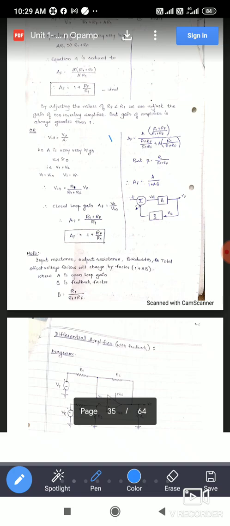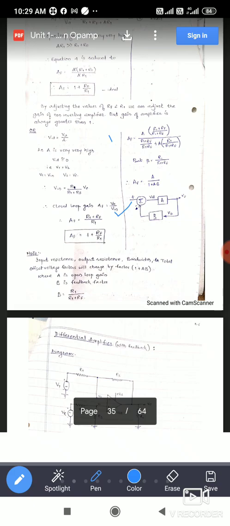So how do we use the op-amp? That is given in the general circuit here, where block A is the amplifier, which is nothing but the op-amp. And B means beta, that is called the feedback network. So the output voltage is connected to the input with the help of the feedback network, as shown here. This is the general diagram of the feedback network.